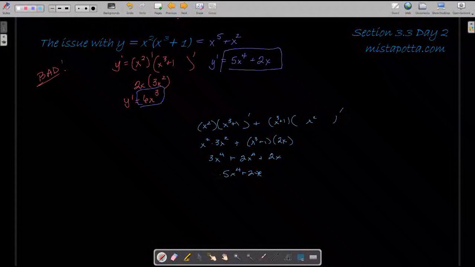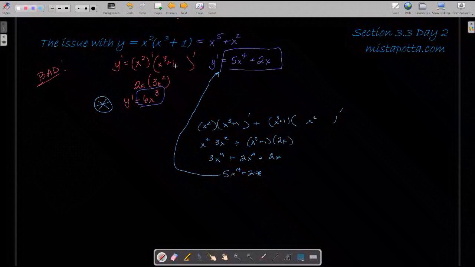Notice that I've got agreement with what I got when I took the derivative of the distributed polynomial. And I don't get what I thought should make sense by taking the derivative of the first function times the derivative of the second function.